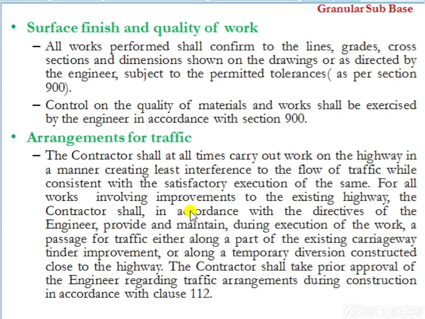Without consulting the engineer in charge of this construction work, the contractor can't provide any provision for the traffic. Prior to the construction of a temporary road or a diversion, approval should be taken from the engineer.